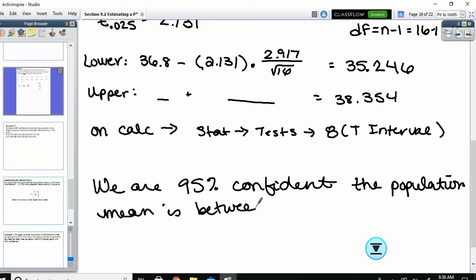Is between 35.246 and 38.354. Okay, so what you have to remember, if you're talking about X bars with your confidence interval, you're using the T formula. Okay, the other one when we're talking about P's, we do our regular confidence intervals like yesterday.